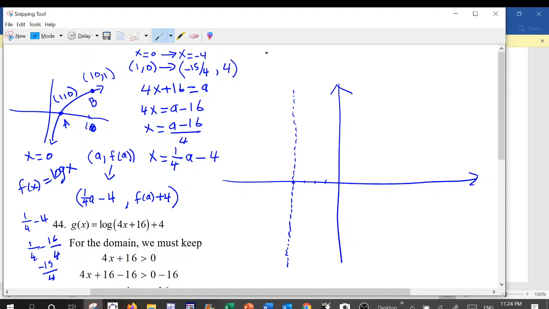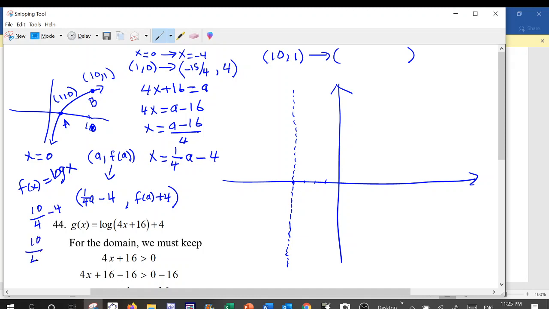All right, what happens to (10, 1)? Well, 10 goes to 1/4 times 10. So let me erase the scratch work and redo it. So 1/4 times 10 is basically 10 over 4 minus 4.